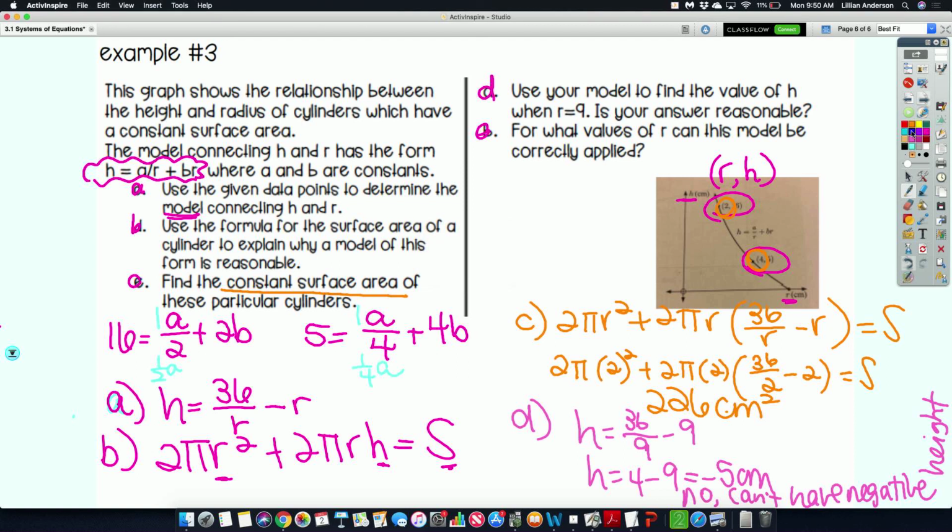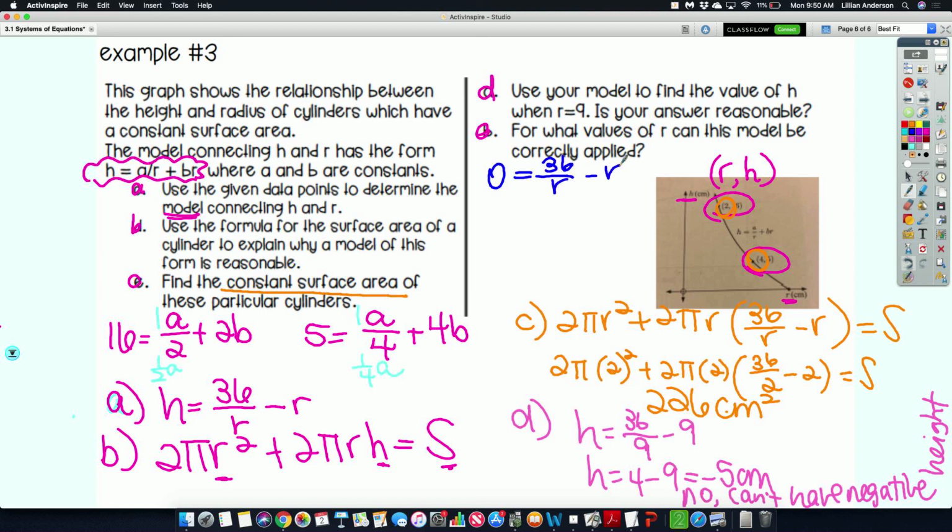So we know that the height cannot be 0 and it cannot be negative. So that means that H is going to have to be greater than 0. So to find the values of R, we can set our height equal to 0 and solve for R.